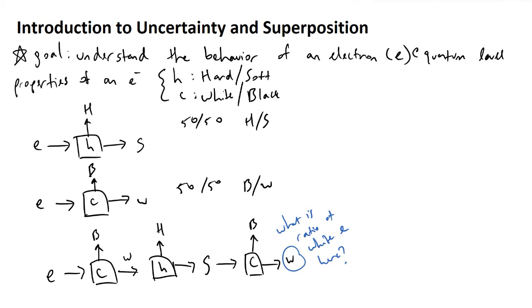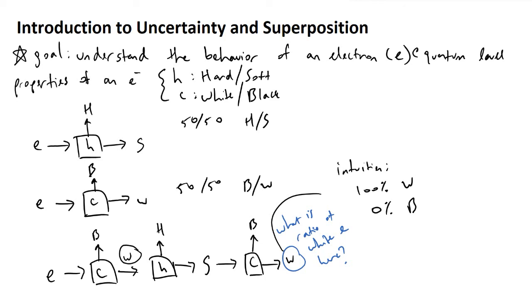And so what our intuition tells us is that because upstream of our hardness checking box, we were only taking the white electrons, our intuition says that at this stream right here, we would expect 100% white electrons and 0% black electrons.